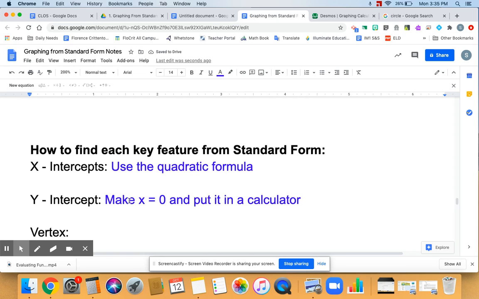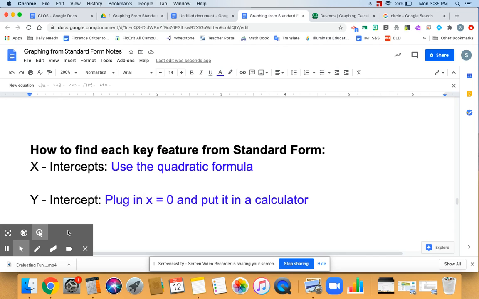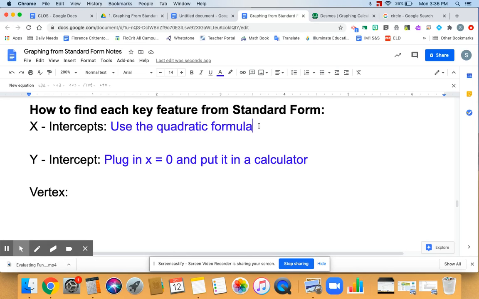Here, instead of saying make x equals 0, write plug in. For all the x's, you'll plug in 0, and then you'll put it in a calculator, and that will give you the y-intercept.